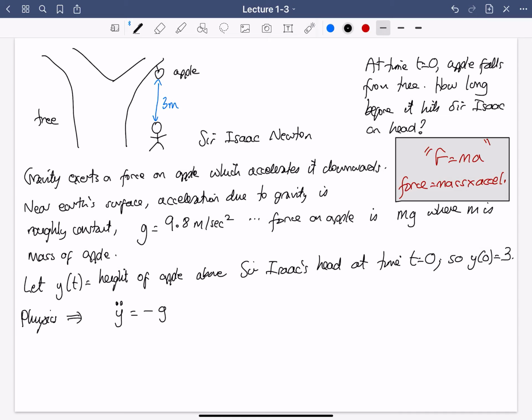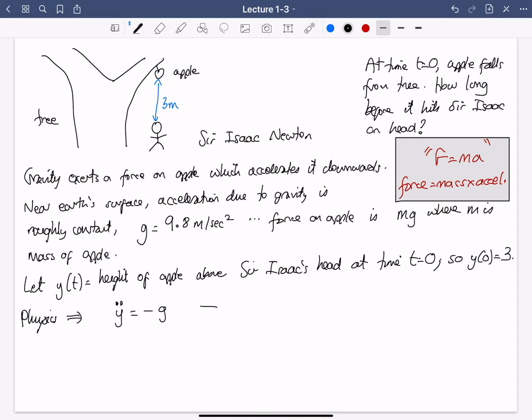Okay, so that's the basic physical law that we're using: the acceleration of the apple, y double dot, is minus g, this physical constant acceleration due to gravity near the Earth's surface. So all I'm really trying to do with this example is just start getting used to thinking in the most simple way about laws of motion and some basic physics, because that's where all our applications are going to be in the first half of the course for sure. So y double dot is minus g.